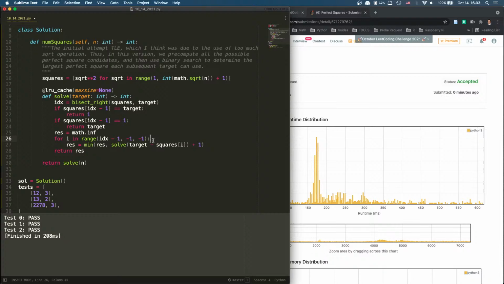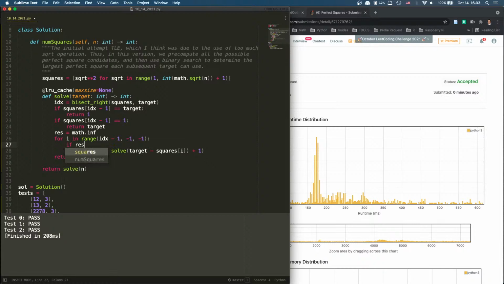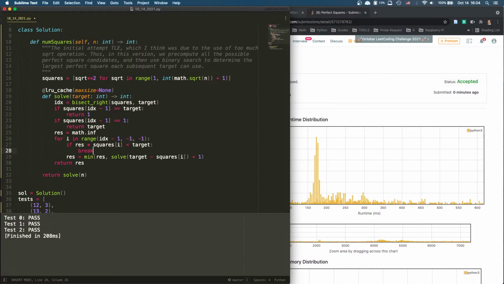So we say if res times squares I, which is the current biggest that we're looking at, is smaller than our target, then we're gonna break. That means it's not possible to get even better performance moving on.